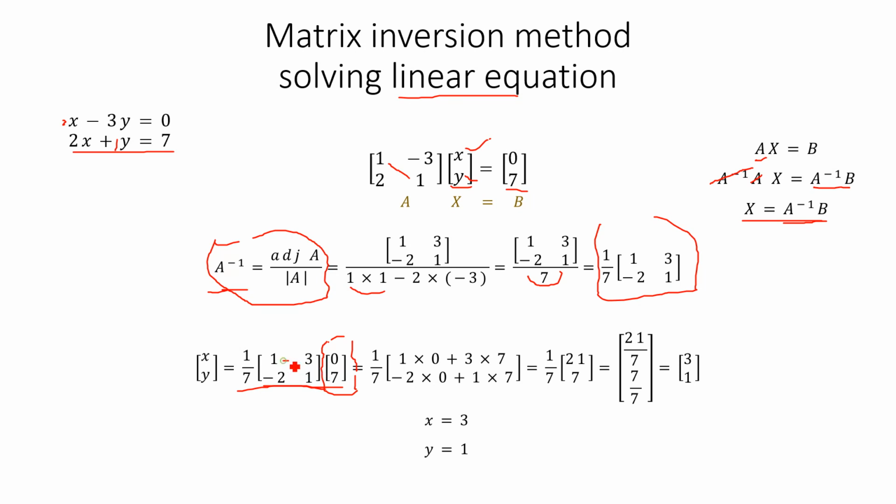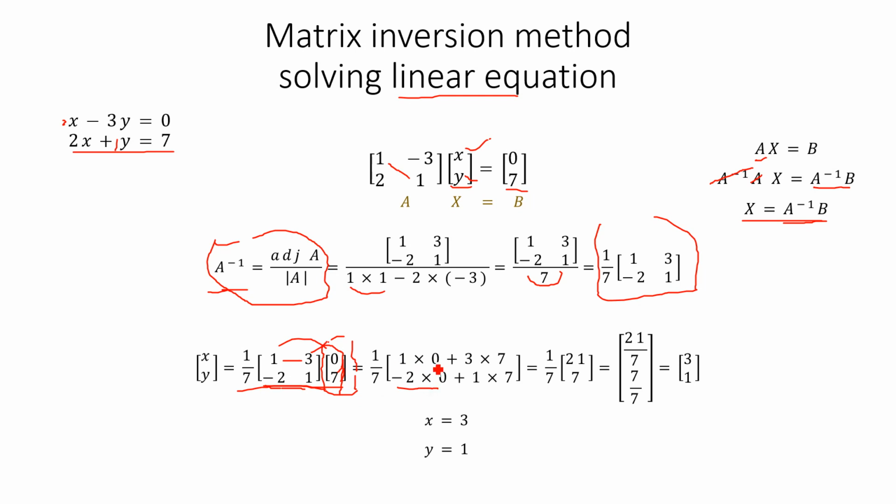Now we are going to multiply the first row with this first column. We will have 1 multiplied by 0, plus 3 multiplied by 7. And now we multiply the second row with this first column again. So we will have minus 2 multiplied by 0 and 1 multiplied by 7.